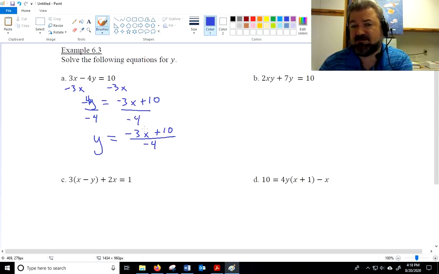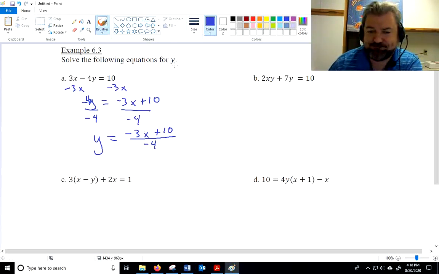Notice we're back to having a lot more numbers, but we still have two variables, x and y. And therefore, I'm not going to get a single number result for y most of the time, unless for some reason our x is completely canceled out. For the most part, if you have x and y in an equation, don't expect to get an answer for solving for y where it's a single number. It's just not going to happen very often.